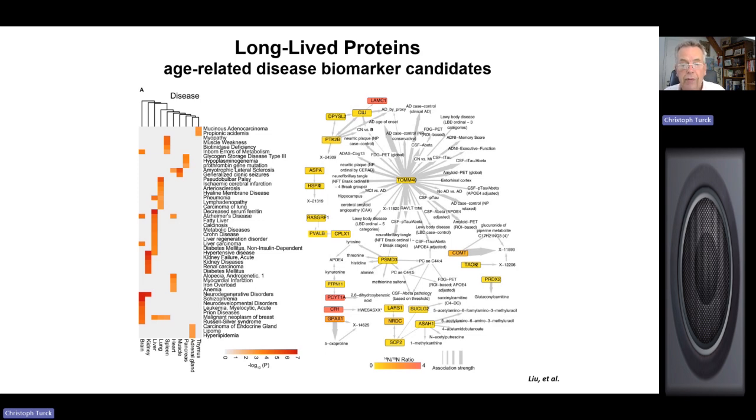For kidney, we find related disorders, and for other organs as well. So this again drives home the message we wanted to convey with this study, that these long-lived proteins might be very good biomarker candidates for particular tissue disorders, be it brain or heart or whatnot.